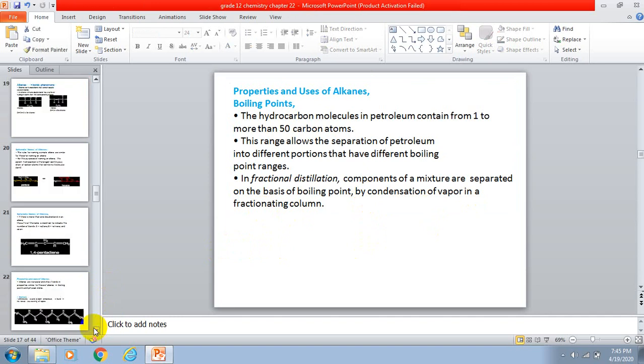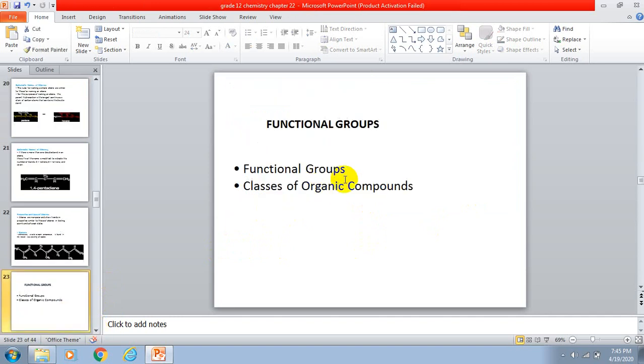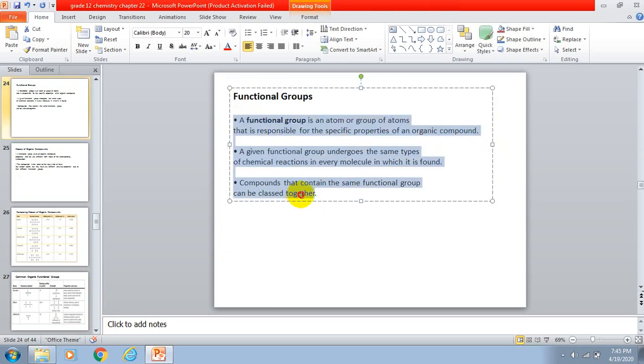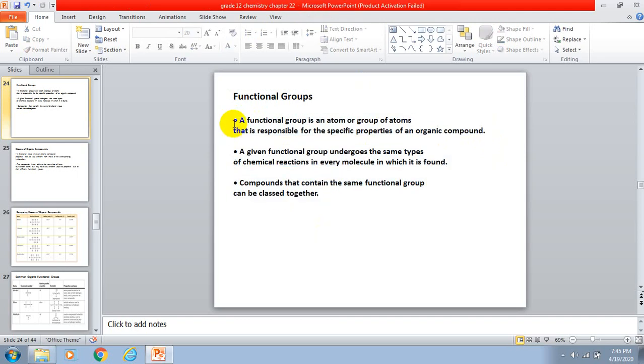Now again, the functional group comes here. Functional groups, classes of organic compounds. Look here: functional groups are what? A functional group is an atom or group of atoms that is responsible for the specific properties of an organic compound. A given functional group undergoes the same types of chemical reactions in every molecule in which it is found.